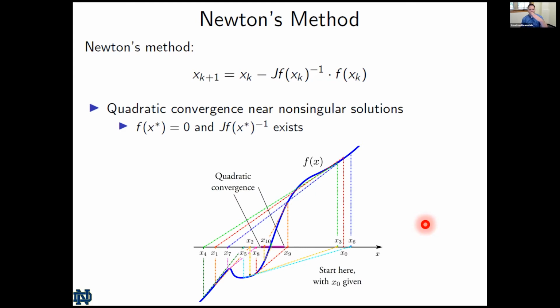So the tangent line will intersect the axis transversely. Then you get quadratic convergence in that neighborhood. That corresponds to an invertible Jacobian matrix. So the whole idea of Newton's method is, how do we know we're in this quadratic convergence zone, which is beautiful from a numerical perspective.